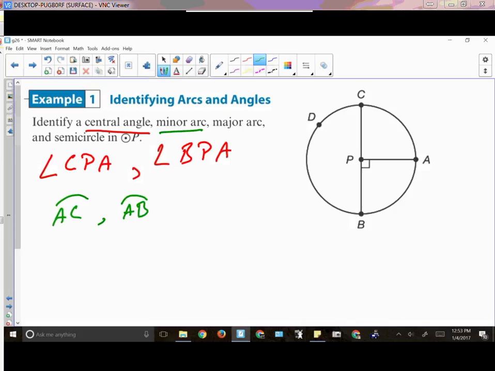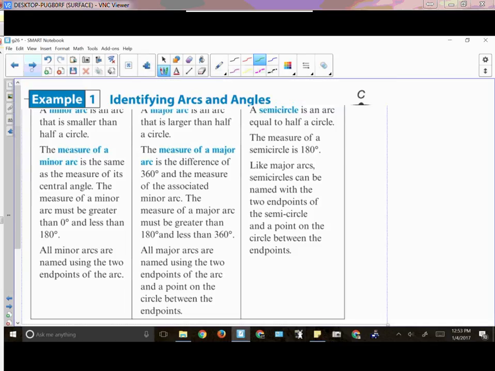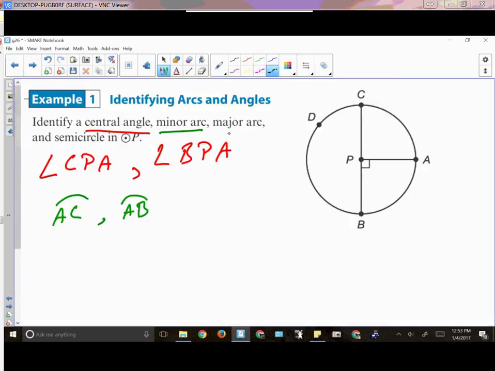So, what about major arcs? Now it says a major arc is an arc that is larger than half the circle. So if I wanted to try and identify a major arc, well, what about arc that goes from A, D, C? Okay, this is why D actually counts, and I'll explain why.